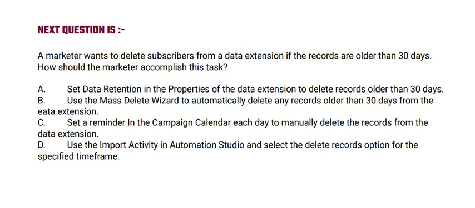Option B. Use the mass delete wizard to automatically delete any records older than 30 days from the data extension. Option C. Set a reminder in the campaign calendar each day to manually delete the records from the data extension. And option D. Use the import activity in Automation Studio and select the delete records option for the specified time frame.